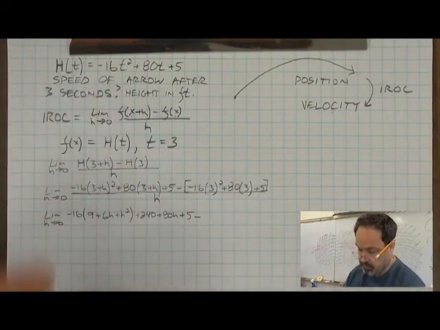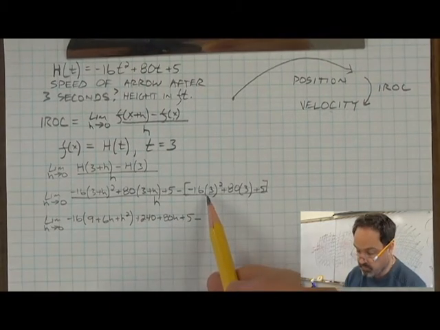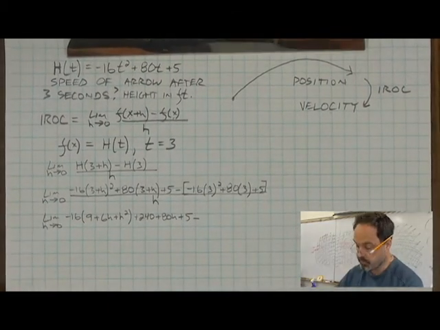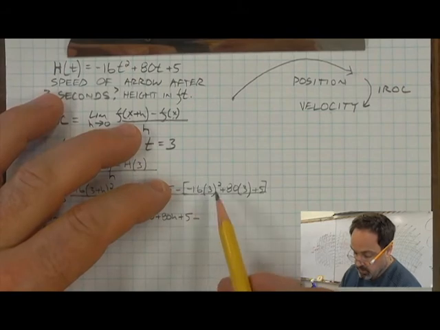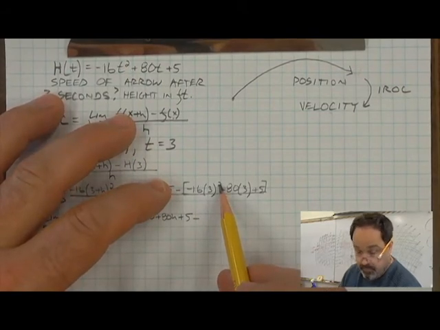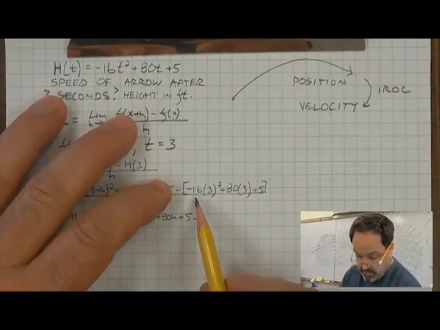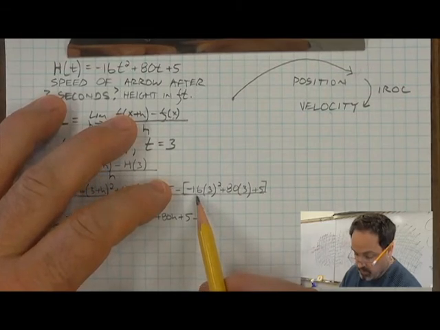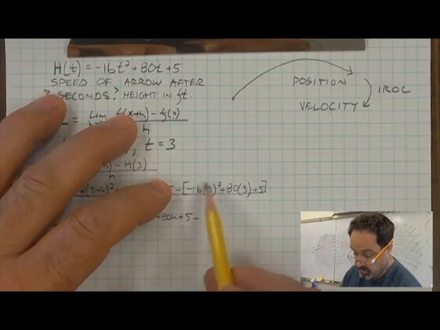And then I'm going to be distributing the negative and evaluating some terms inside here. 3 squared is 9. Then times 16 makes it 144, but it's negative.